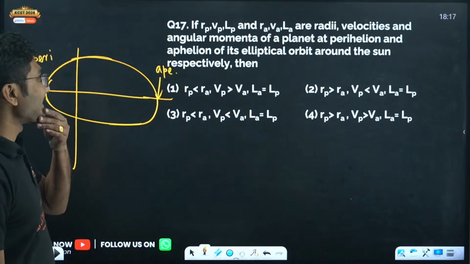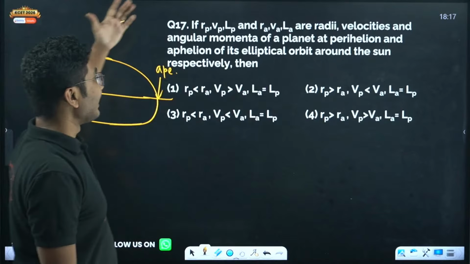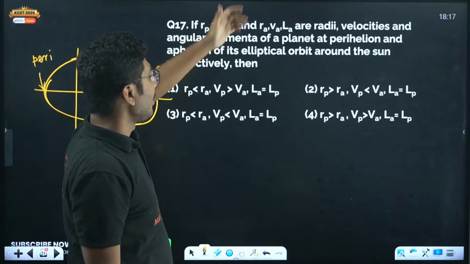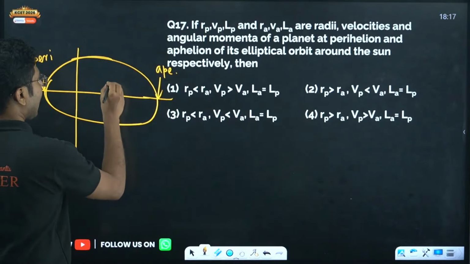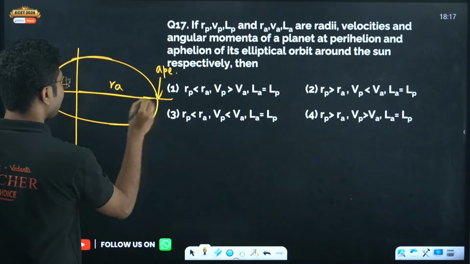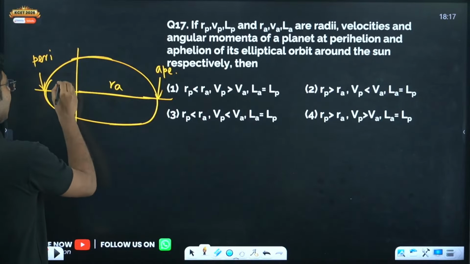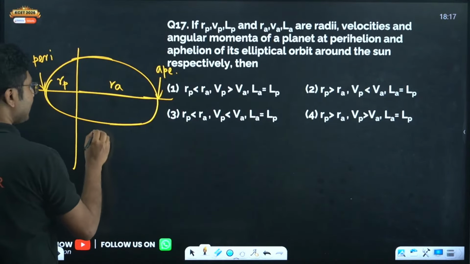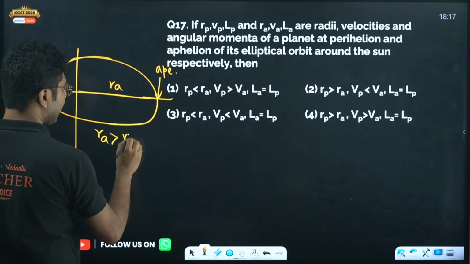Now it is mentioned, which of the following are correct. Radius will be more at aphelion, so the distance from the sun will be more at aphelion than perihelion. So Ra must be greater than Rp.